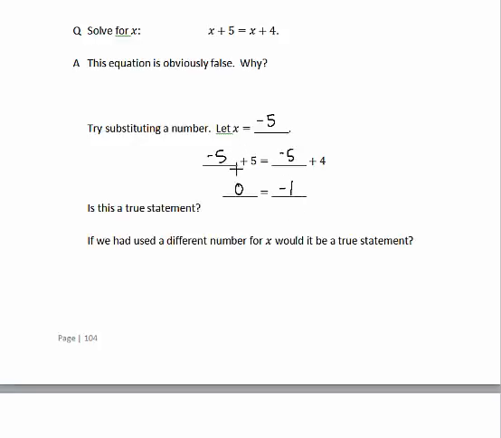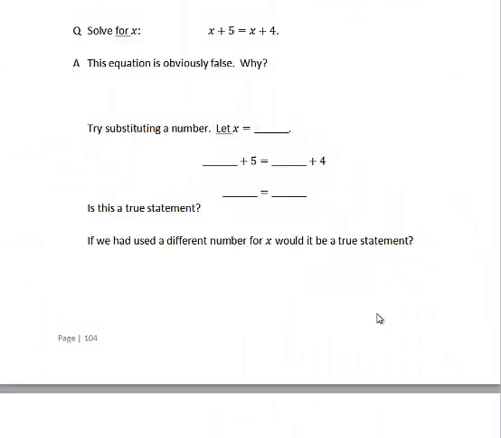So it's obvious that the two operations that happen to the number that I pick will never match up the left and the right hand side. No, this is not true. Is this statement true? No. If we had used a different number for x, would it be a true statement? No. It never will, no matter what number you pick.